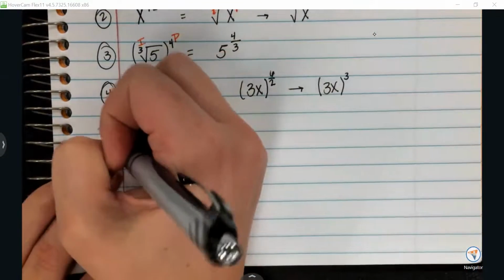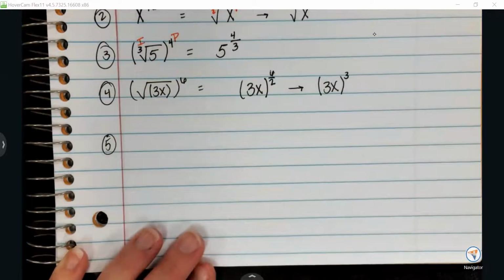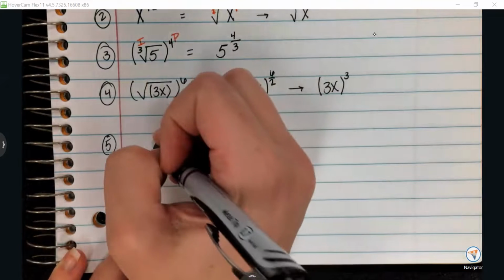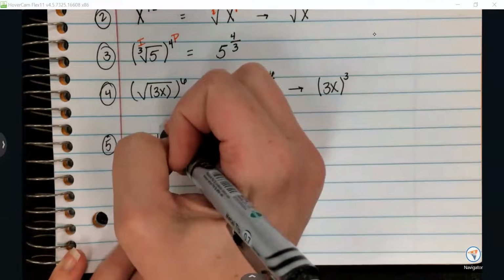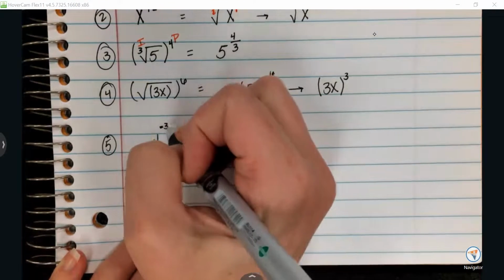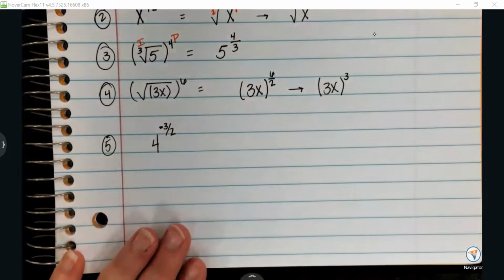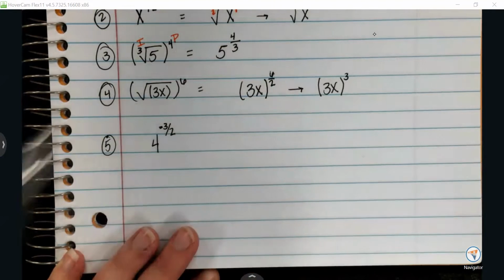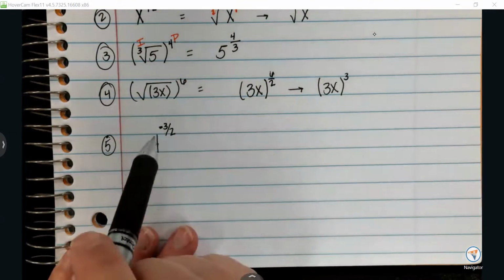Okay. So number 5 is going to say 4 to the negative 3/2. What's different about this? It's a negative, okay, in my exponent. That's what matters.